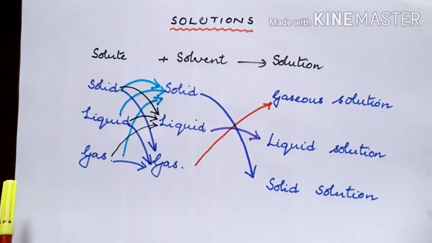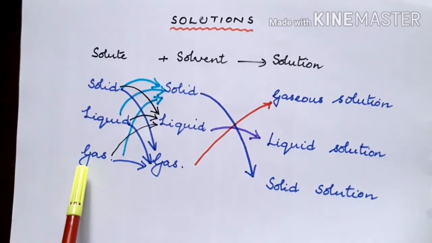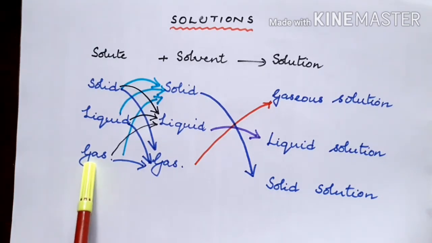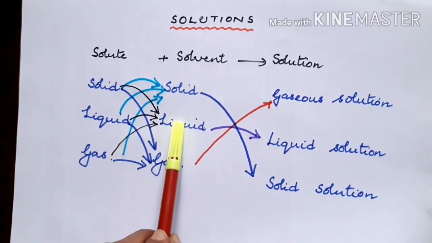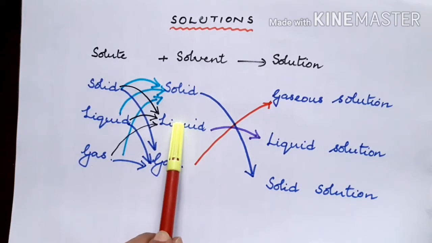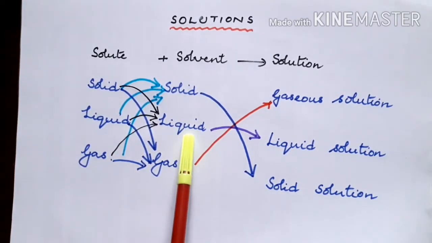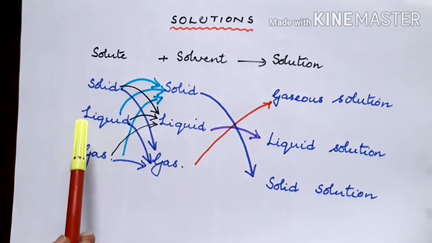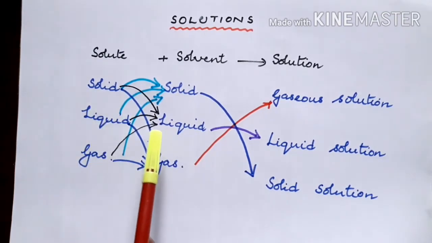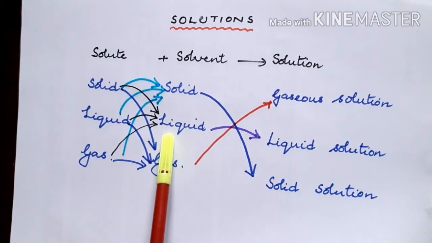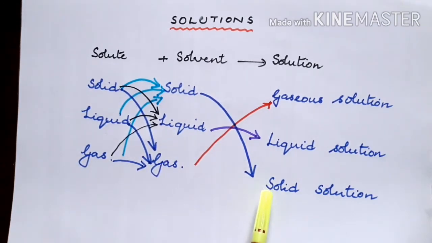We shall see the examples for liquid solutions. When gas is dissolved in a liquid, the example can be oxygen in water. Liquid in liquid: ethanol in water. And solid in liquid: glucose in water. Coming to the next type, the solid solutions.